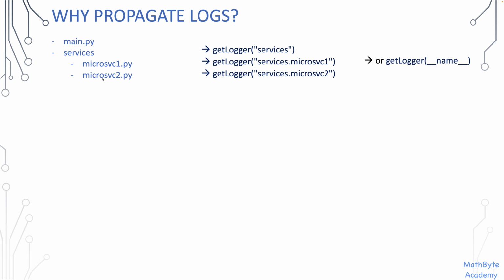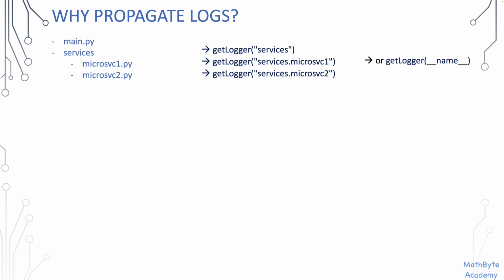Inside here, it's going to be services.microsvc2. So what you'll see a lot of people do is that to get a handle to the logger in that module, if I'm going to want to log things in this module, you're going to set a global variable usually in your module to be logger equals, and then whichever logger you want. And remember, it's just the name that decides which one you want to get.